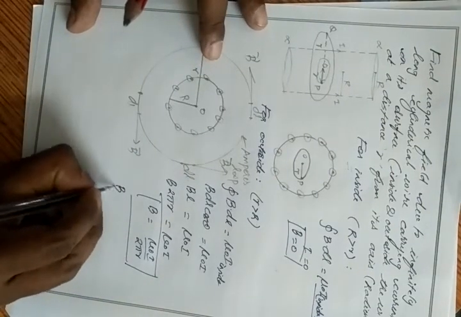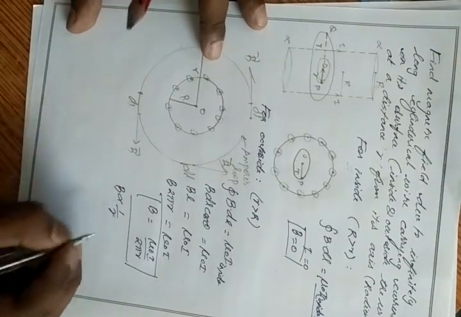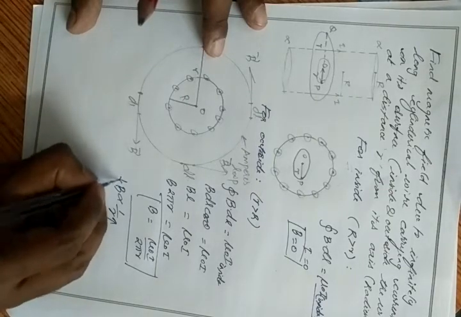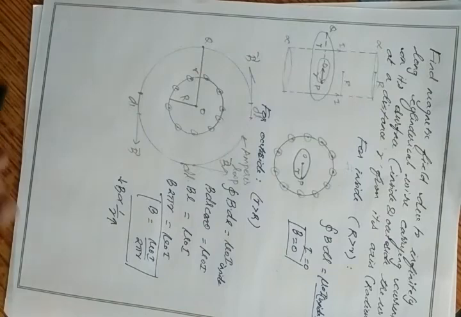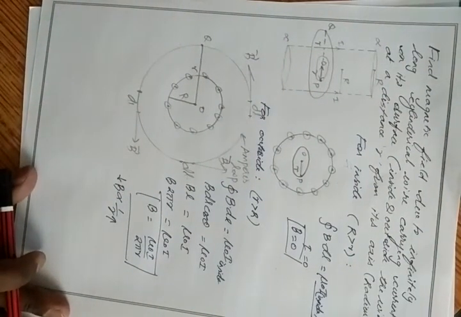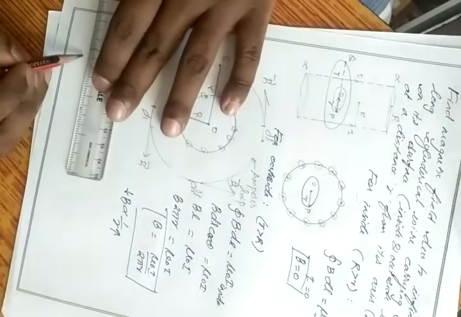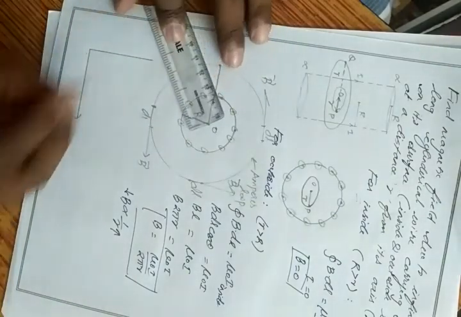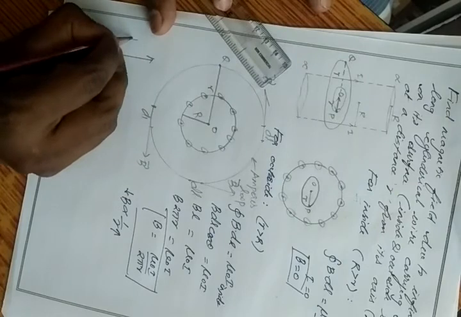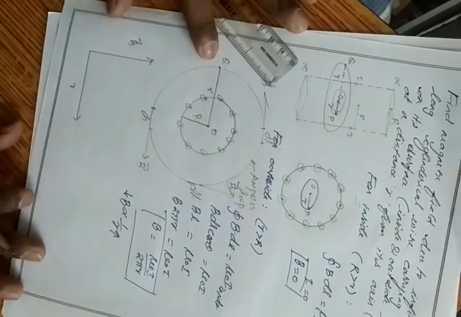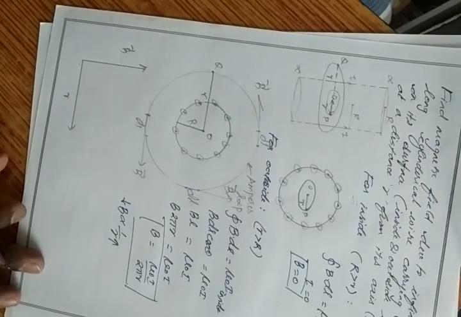From this equation I can say B is directly proportional to 1 by r. If my r value increases, then B value will decrease. So I can also draw a graph for this. I take magnetic field on the y-axis and distance r on the x-axis.